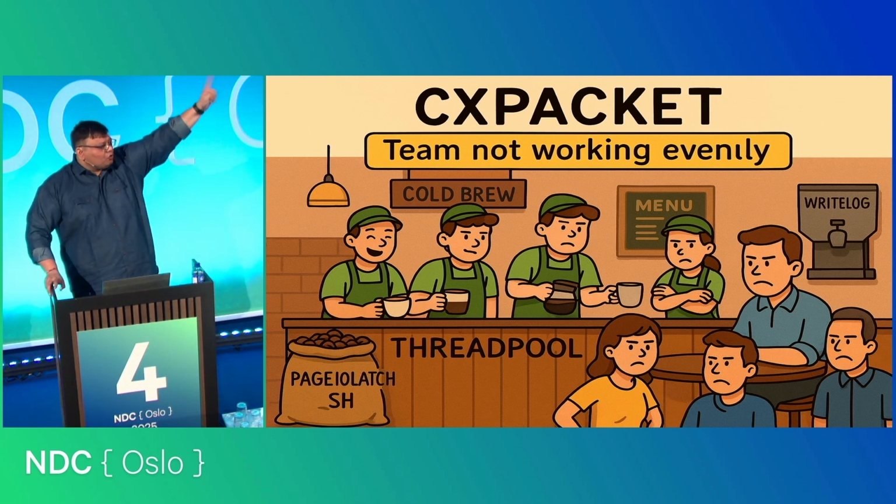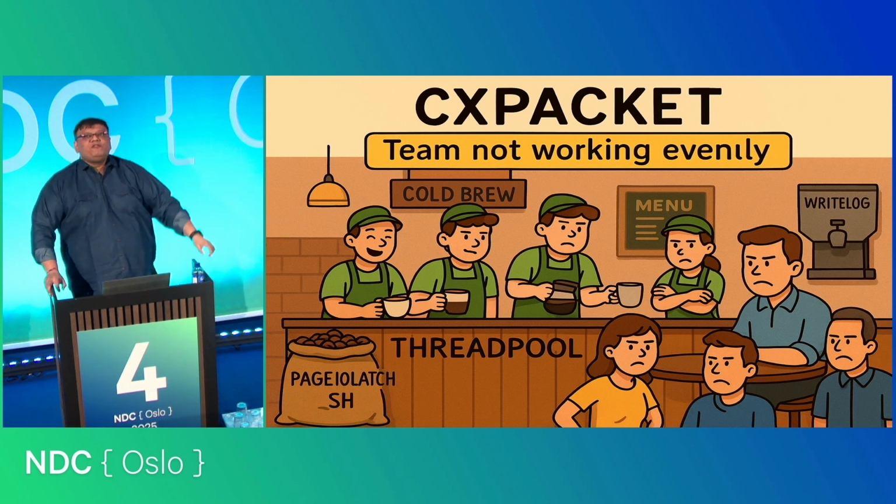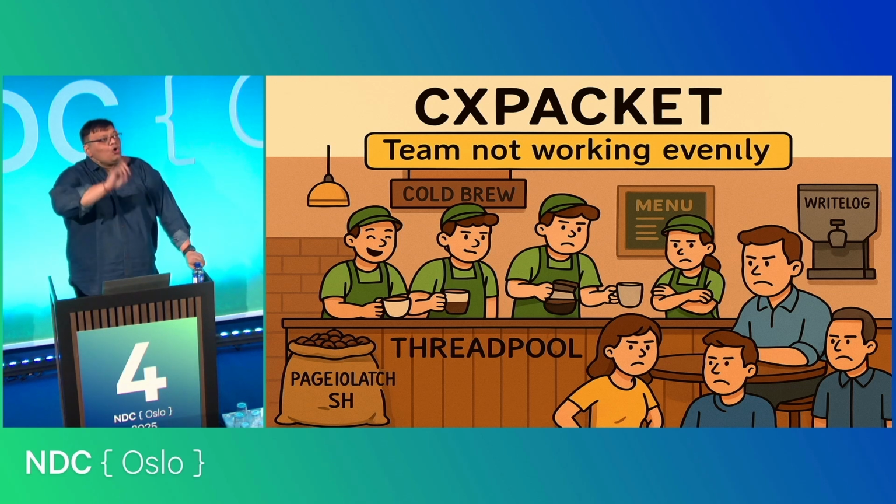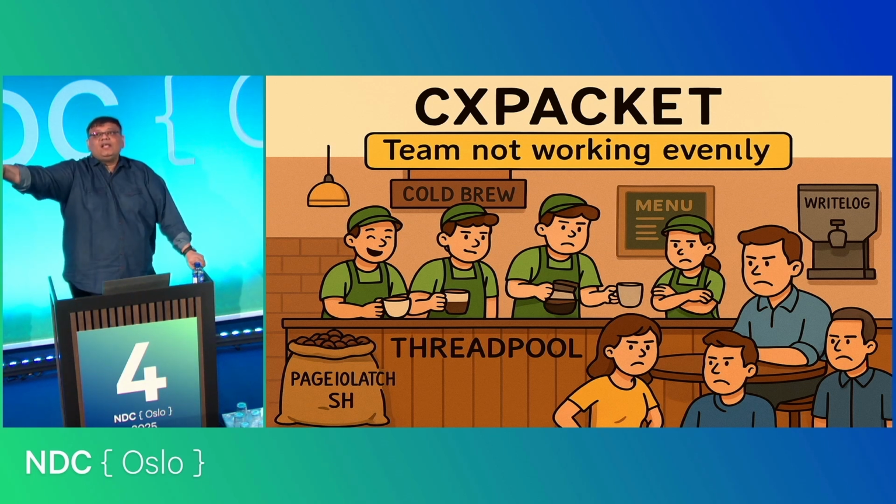Do you want 4 chefs to make a single dessert? No. You want all 4 chefs to make different food so your clients can be addressed. Similarly, you don't want all your threads addressing just one query. As a matter of fact, you want parallel queries. That is why you shouldn't let your query consume all the threads. Not only will it run slow, it will also not let other queries run.